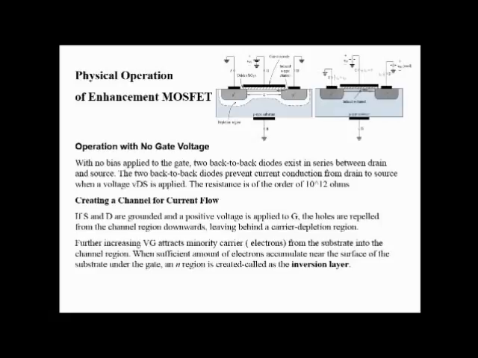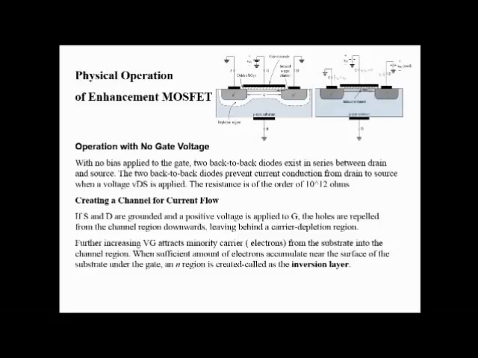With no bias applied to the gate, two back-to-back diodes exist in series between the drain and the source, and they prevent current conduction from the drain to source whenever the voltage VDS is applied. So whenever you apply a potential of VDS, this back-to-back diode arrangement prevents the current conduction.